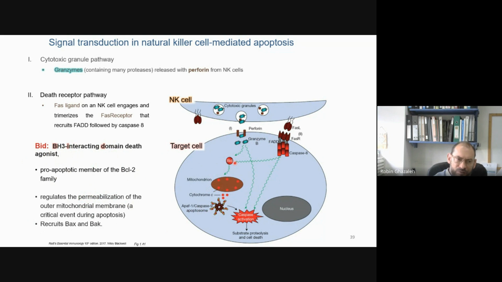And then the slide after that is going to look at what happens to BID after it translocates to the mitochondria, and how viruses may interact with it.